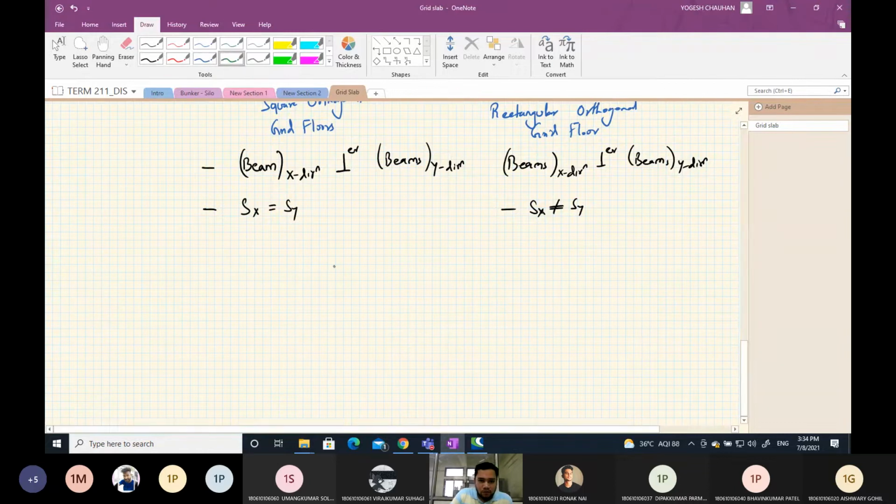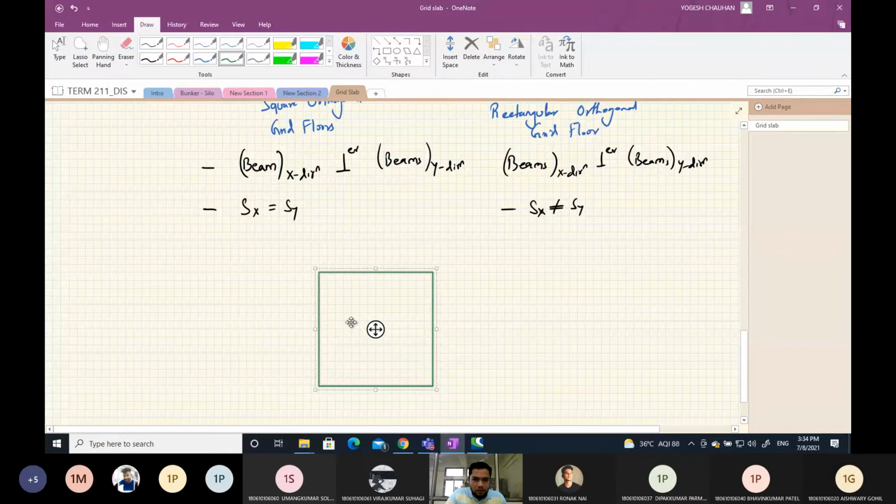Say, for example, this is any floor area. So in this, the beams are connected diagonally.